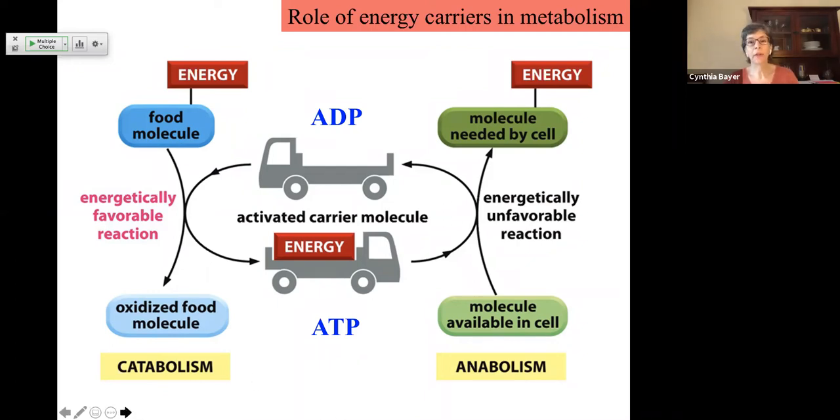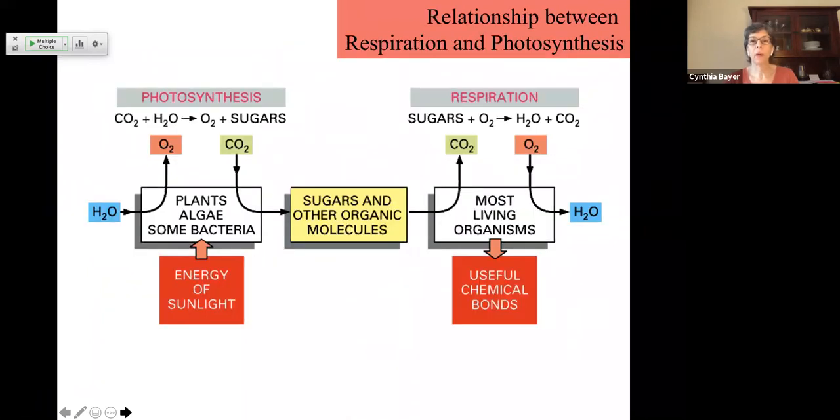So let us take a peek then at the source of the energy. The original source of energy in a living cell is light energy from the sun. So what we're asking here then is, how does that energy enter a cell? Sunlight, in the process of photosynthesis, that energy is used to create or form high energy molecules in the cell.